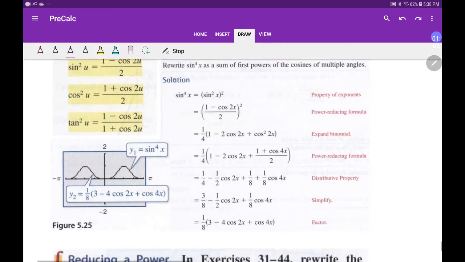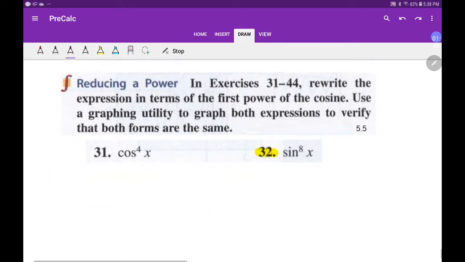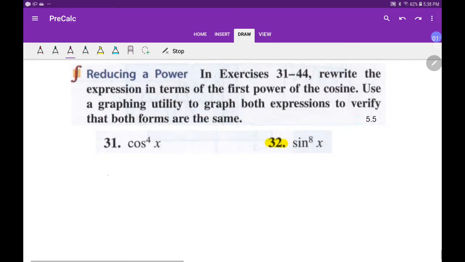Okay, so let's go down here and look at the example problem that I'm going to have. We have cosine x to the fourth power, which is the same thing as saying cosine squared x, squared.